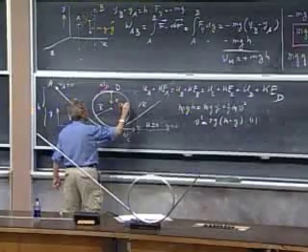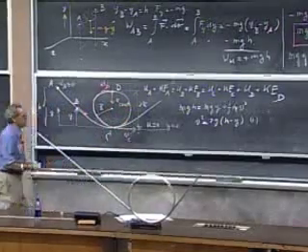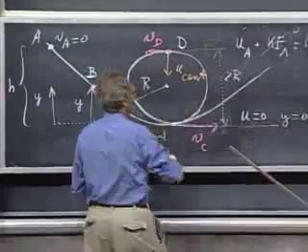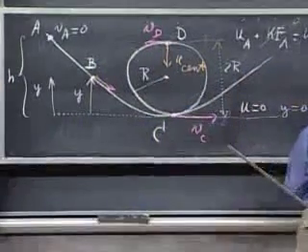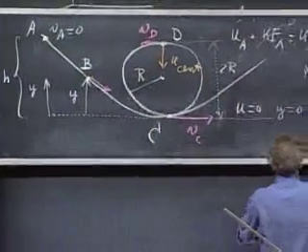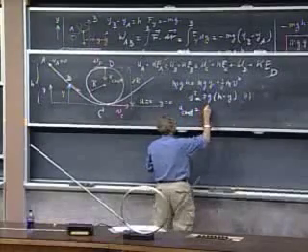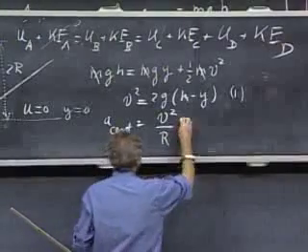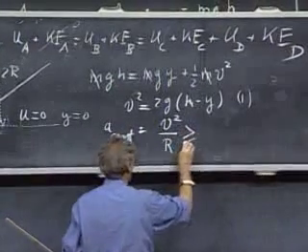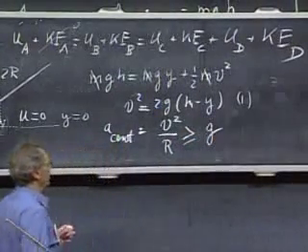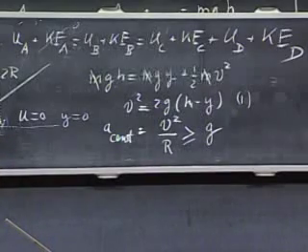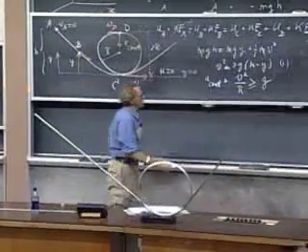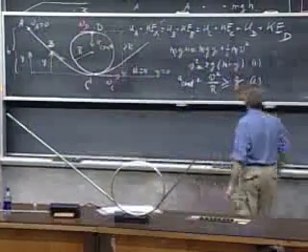And that centripetal acceleration is a must for this object to reach that point D. And that centripetal acceleration, as we remember from when we played with the bucket of water, is v squared divided by r. And this must be larger or equal to the gravitational acceleration g. If it is not larger, the bucket of water would not have made it to that point D. So this is my second equation that I'm going to use.